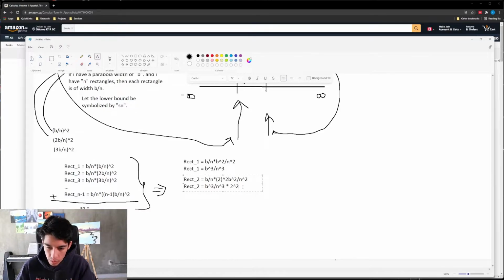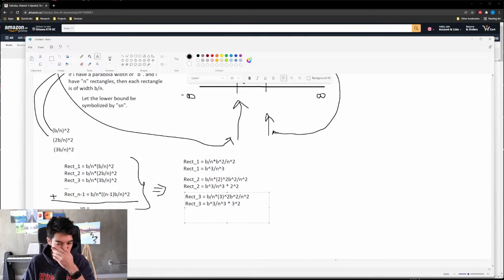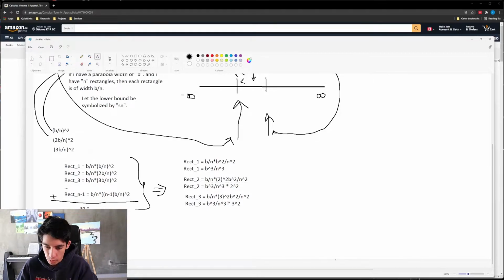And then if you keep on repeating this, you would find that there's a common pattern here. 3 squared. So basically everywhere there is this b cubed over n cubed term and this square part on the right. I'll just highlight it. So there's always this b cubed over n cubed part, and then there's always these squares.